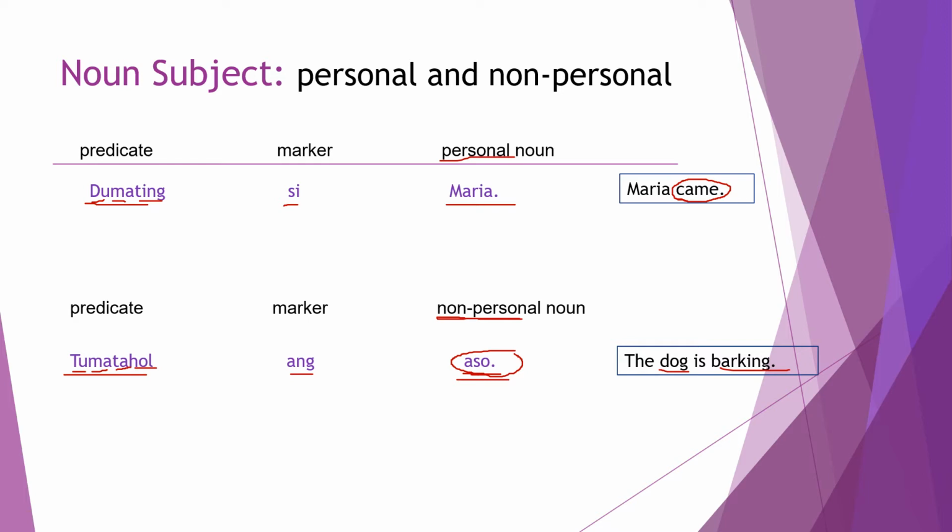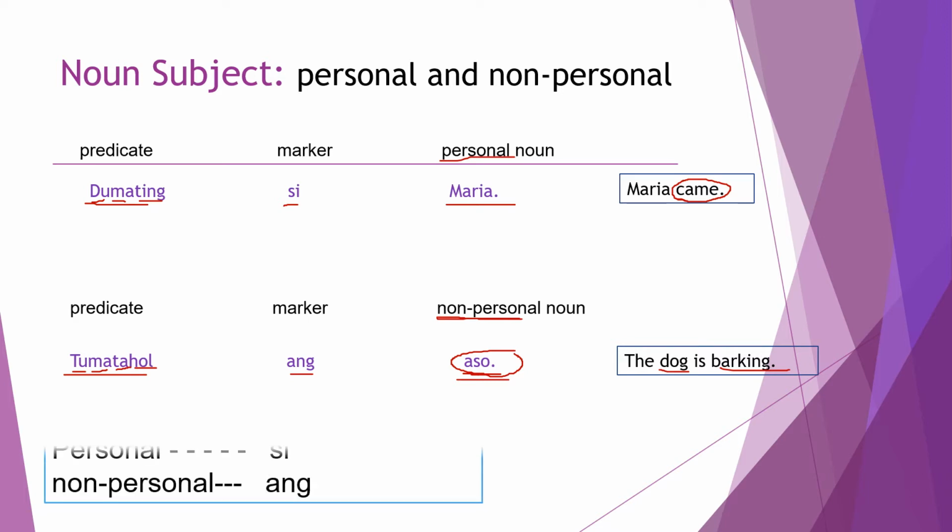All you have to remember in this noun subject is this. If we use a personal noun, we have to remember the right marker to use, and that's si. Let's take a look at this example here.